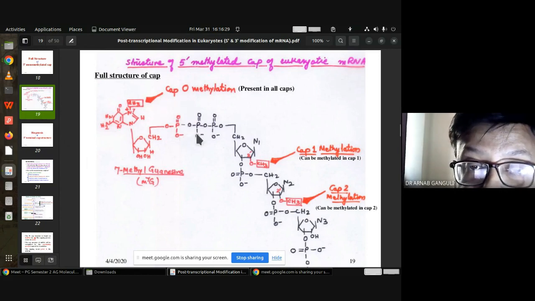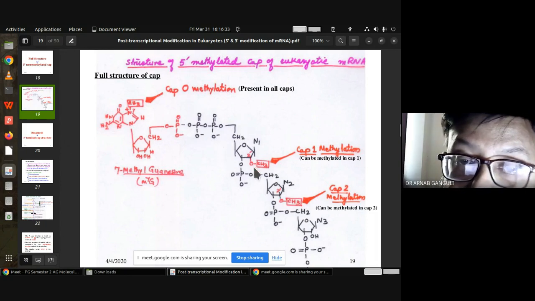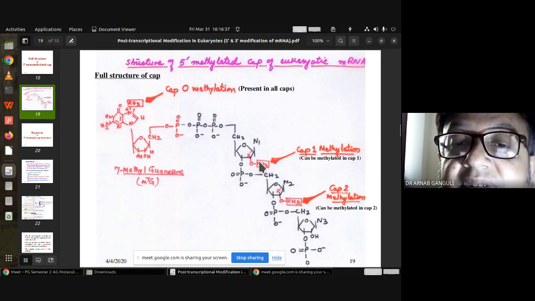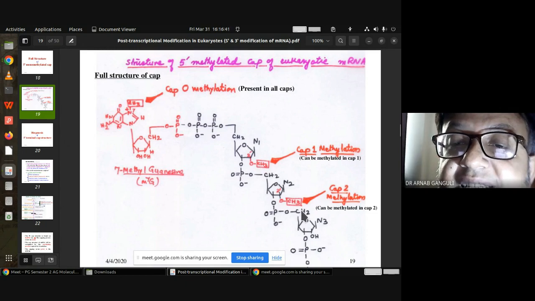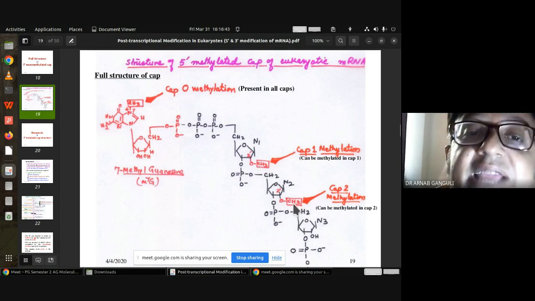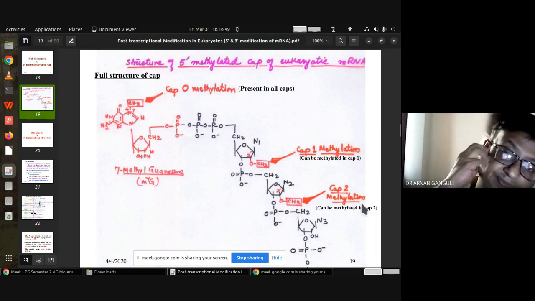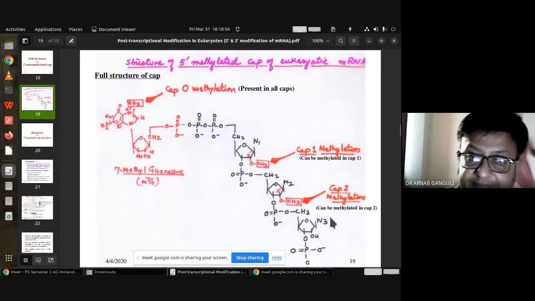And this is the 5' end of the transcript. Here there is an OCH3 at the 2' position. There is another cap, the trimethylated cap. This is cap 0, cap 1, cap 2. It gives more protection. It's very rare.